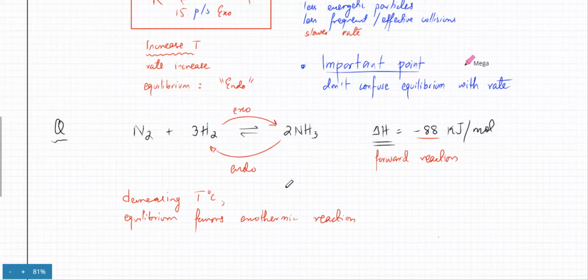The exothermic reaction in this case is the top one. Every time you have to check which one is the exothermic reaction. The rule is decreasing temperature, equilibrium favors exothermic reaction, which in this case is the forward reaction. So that means the forward reaction would be favored.